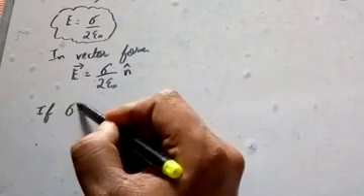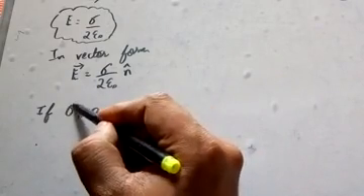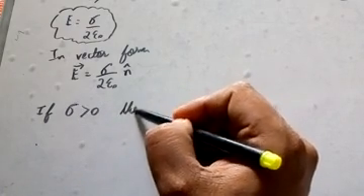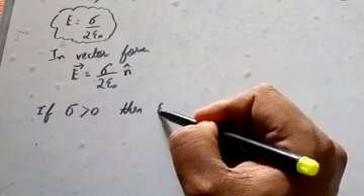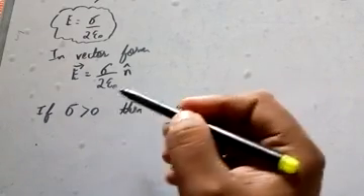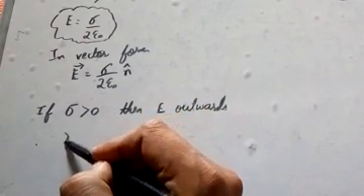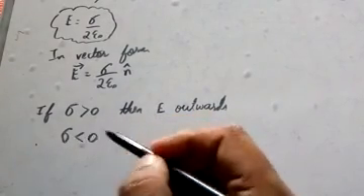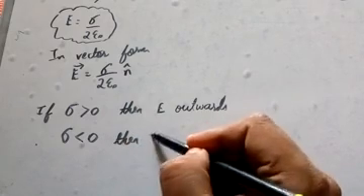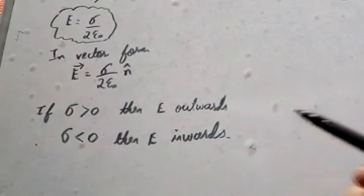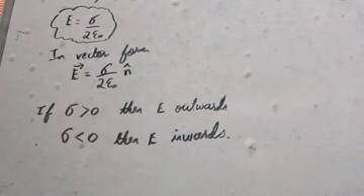If sigma, the surface charge density, is greater than 0, then the electric field will be outwards. This happens for a positive charge. For a negative charge, sigma will be less than 0, and then the electric field will point inwards. This is a very important 5-mark question.